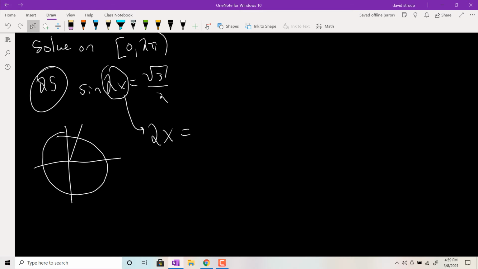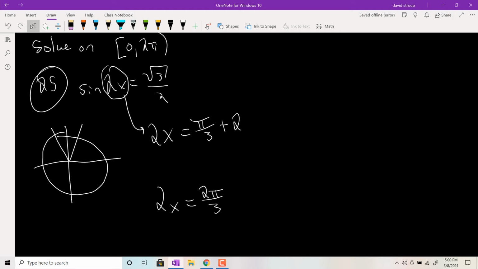Pi over 3 is one of them, and 2 pi over 3 would work too, right? Because you have this multiple angle, you can't say it's only pi over 3 and 2 pi over 3 as your solutions, because when you divide by 2, you may get more answers, believe it or not.